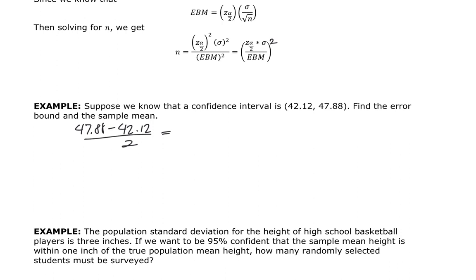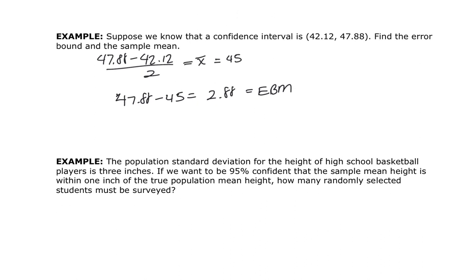This gives me my sample mean, my x bar, which in this case is 45. Then my EBM is 47.88 minus that 45, so my EBM is 2.88.